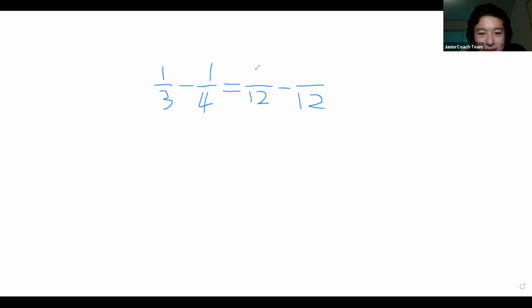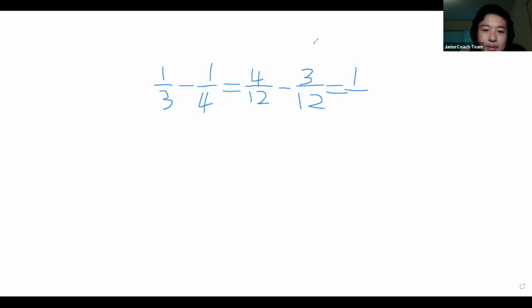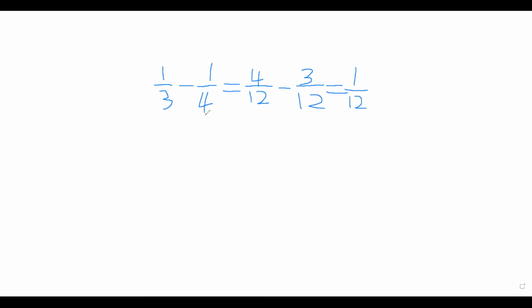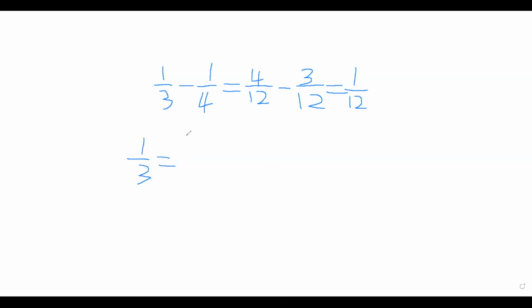So this will be 2/12, right? 3, 4. Wait, did I screw something up? 1/12. This is very confusing, right? So the 1/3, you multiply the bottom, and then you just make the top stay the same. Technically, just make it as 1.